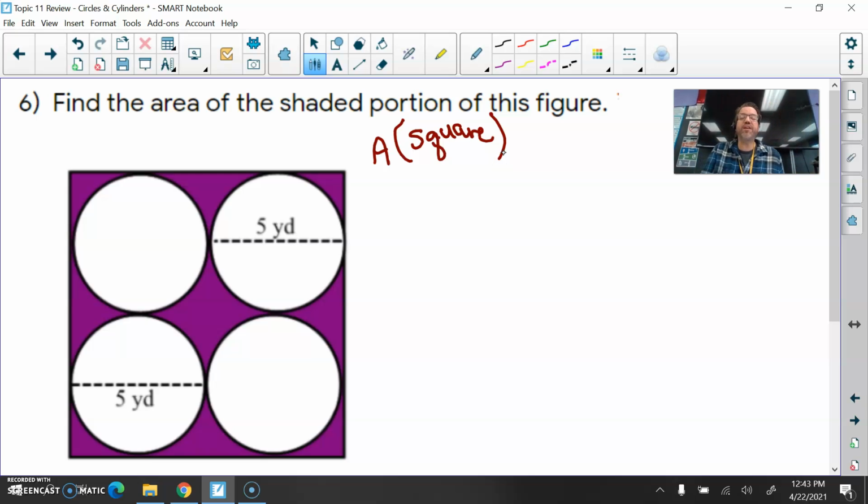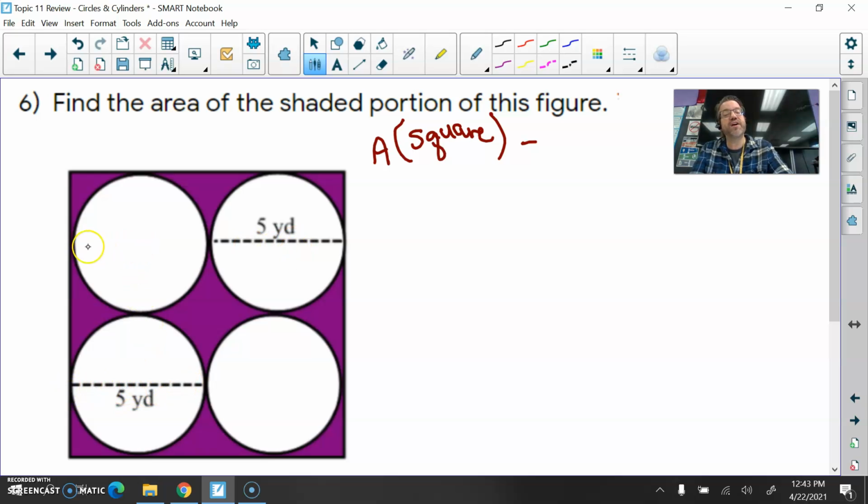But I don't want the area of the entire square. I need to remove these 4 circles. So I need to subtract those 4 circles. Hopefully you can see here, these circles are all identical as well in size. This has a diameter of 5 yards. This one here has a diameter of 5 yards.